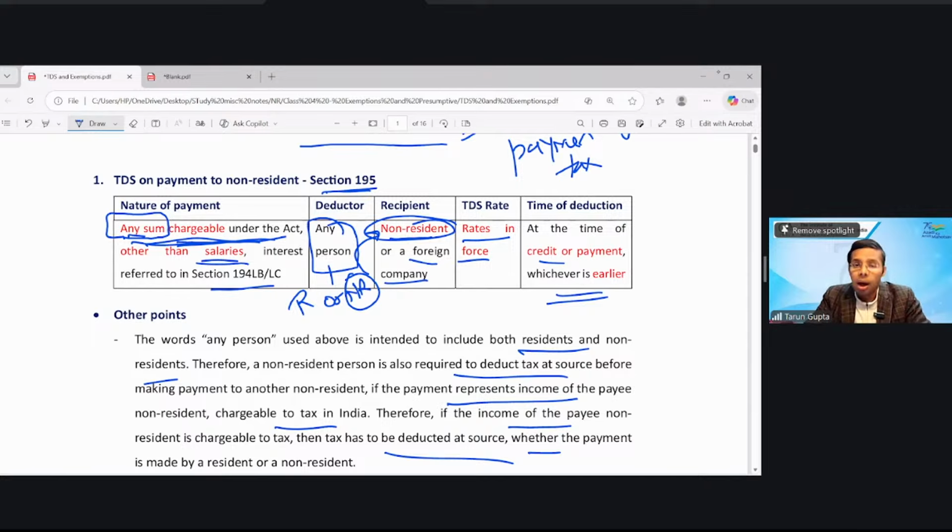No, they are required. They are required to deduct wherever the amount is actually chargeable under the Act and is being paid to a non-resident. Though 195 is not applicable on salary and interest referred to in section 194LB or LC, they are governed by different sections.